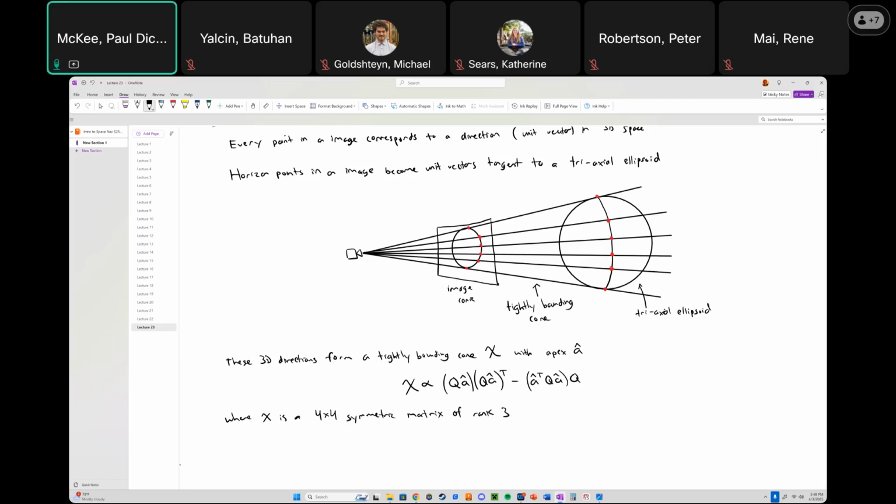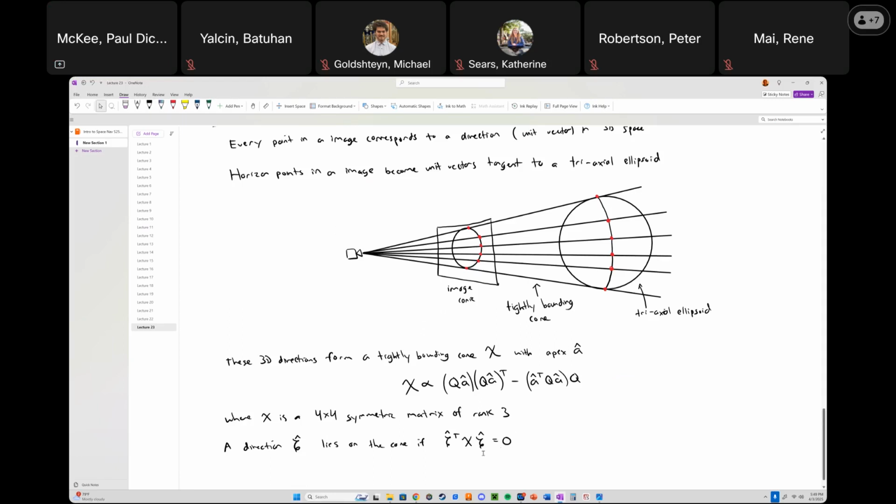So while I'm throwing things at you with no derivation here, a direction zeta lies on the cone if zeta transpose chi zeta equals 0. Okay.